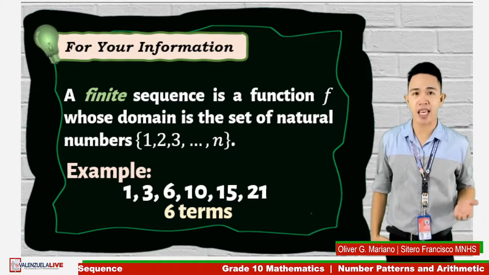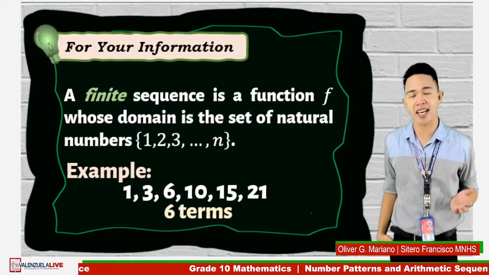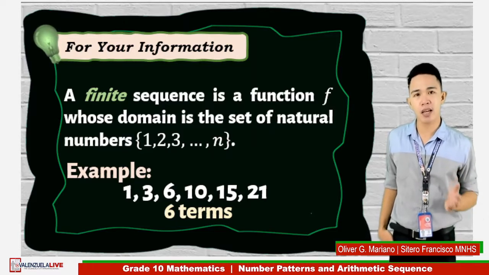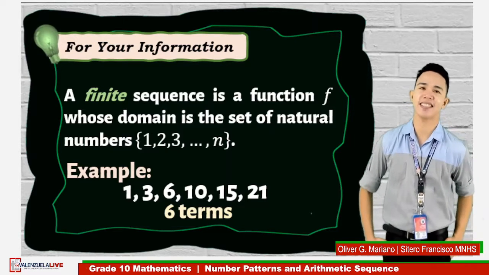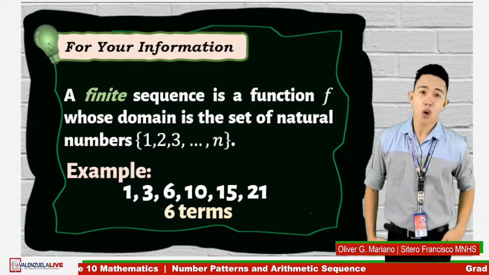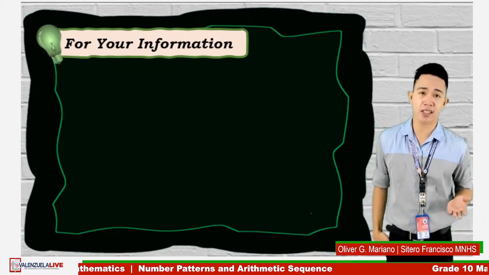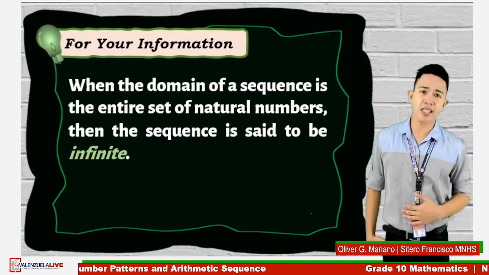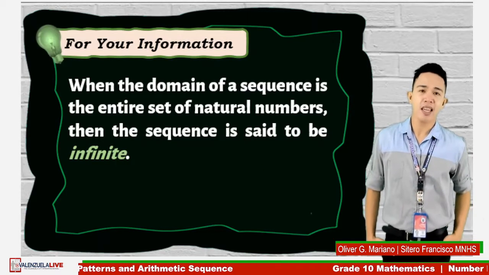Always remember that a sequence is considered finite if you can exactly count the number of terms that it has. When the domain of a sequence is the entire set of natural numbers, then the sequence is said to be infinite.